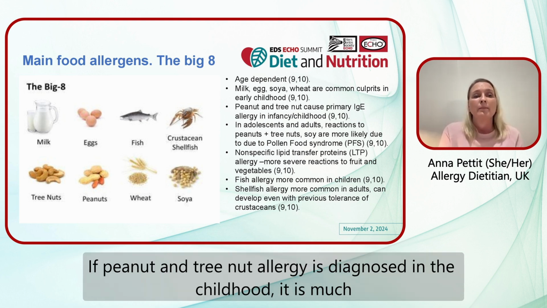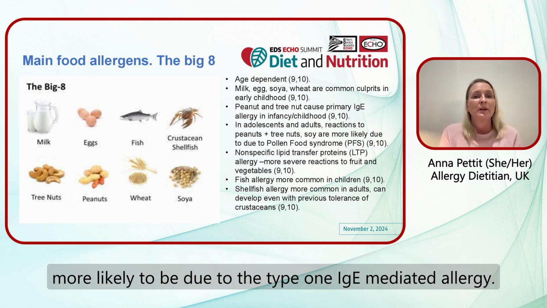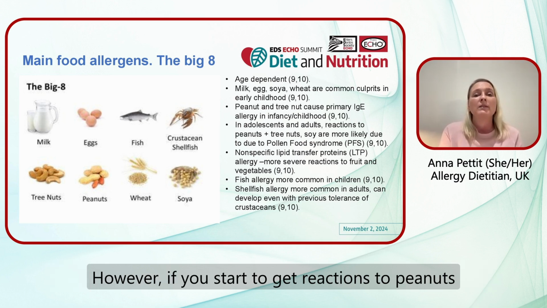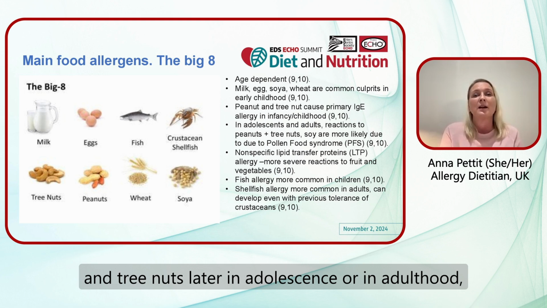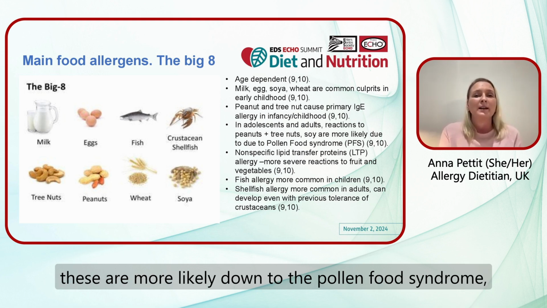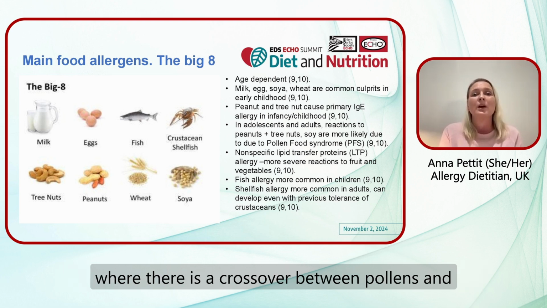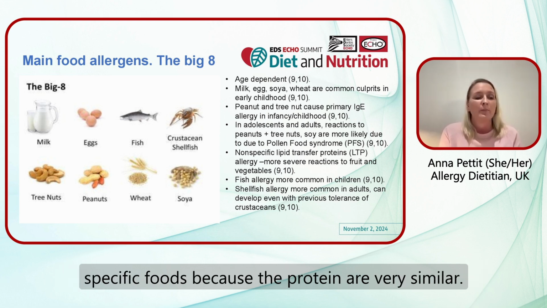If peanut and tree nut allergy is diagnosed in childhood, it's much more likely to be due to the type 1 IgE-mediated allergy. However, if you start to get reactions to peanuts and tree nuts later in adolescence or in adulthood, these are more likely down to pollen food syndrome, where there is a crossover between pollens and specific foods because the proteins are very similar.